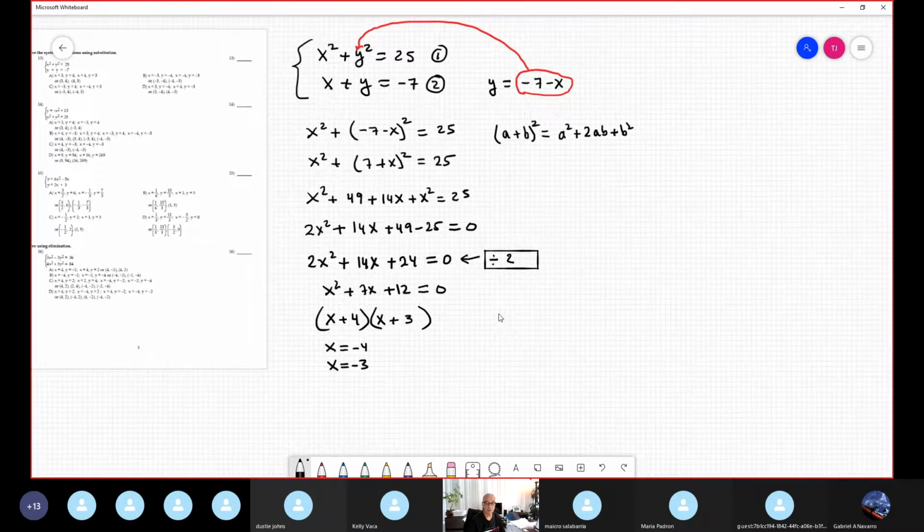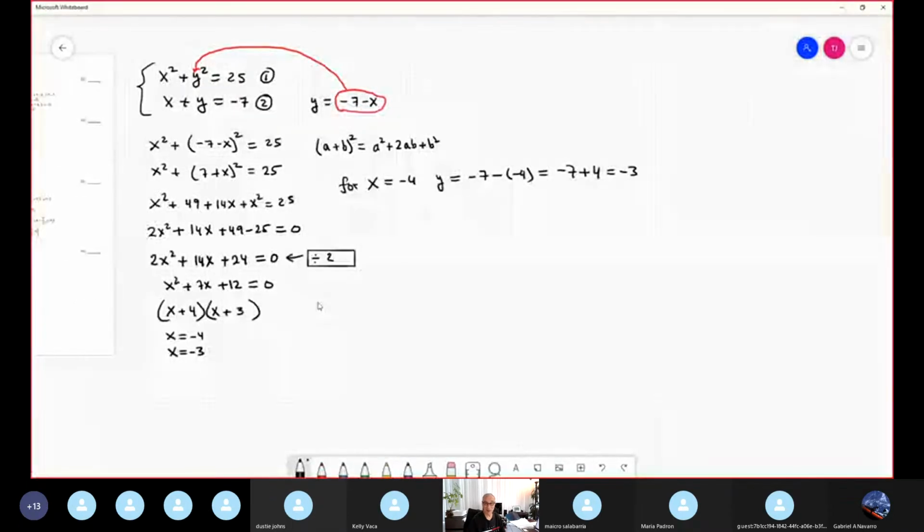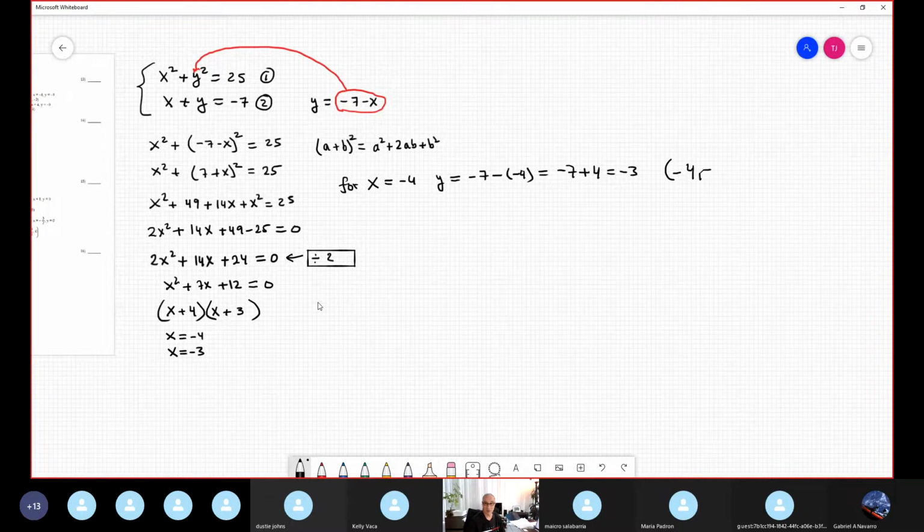So for x equal to -4, the associated y is y equals -7 minus -4. Be careful with the signs. Plugging in x as -4, you respect the negative of the expression, and this is -7 plus 4, which is -3. So the corresponding ordered pair is (-4, -3).